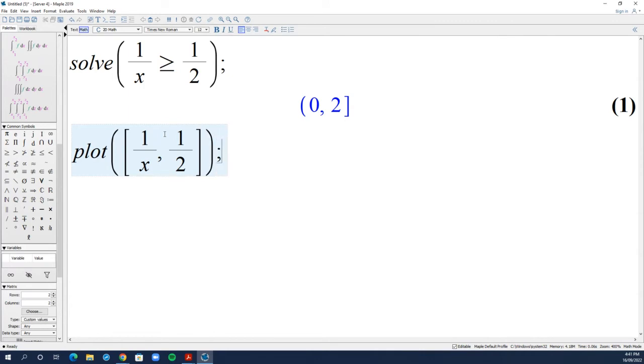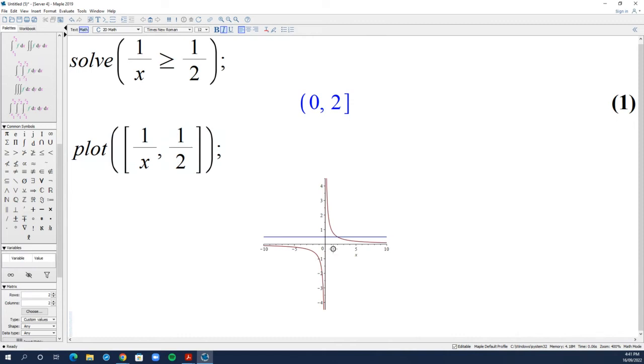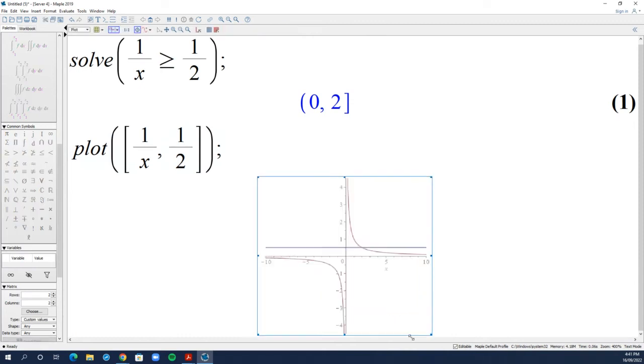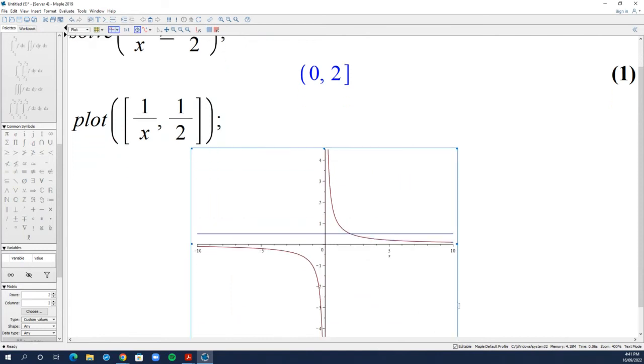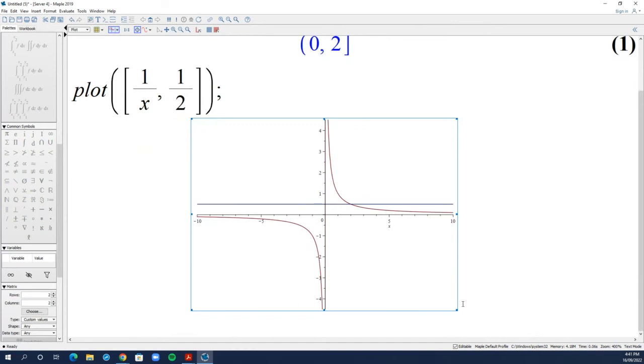So I'm using the plot command, okay? So Maple is great because you can use it to plot. Let me make this a bit bigger. Okay, that looks pretty good. So the red curve is 1 on x and the horizontal blue curve is 1/2.